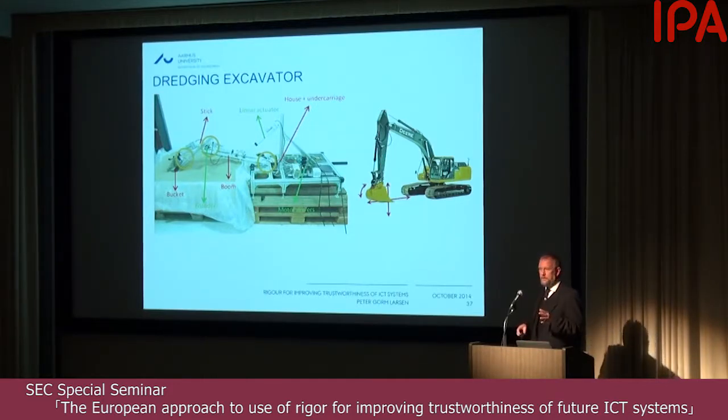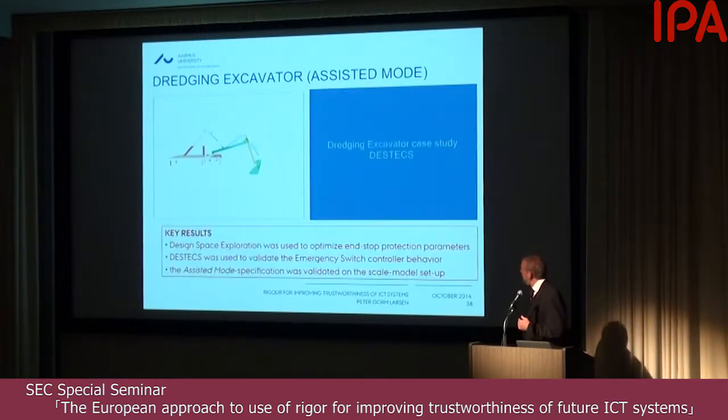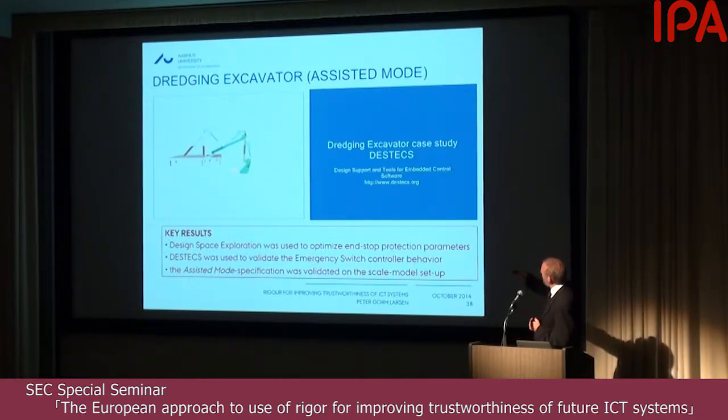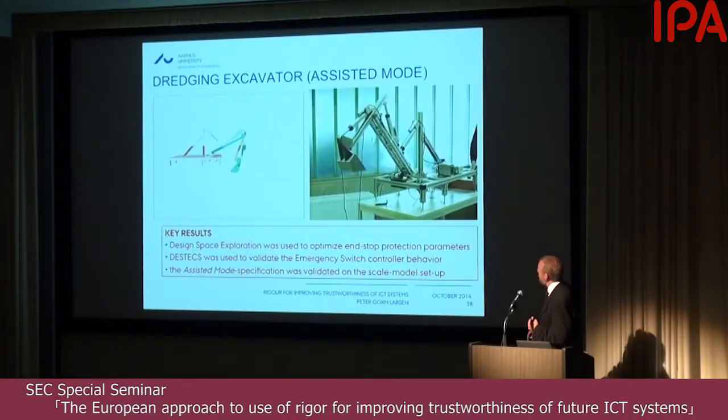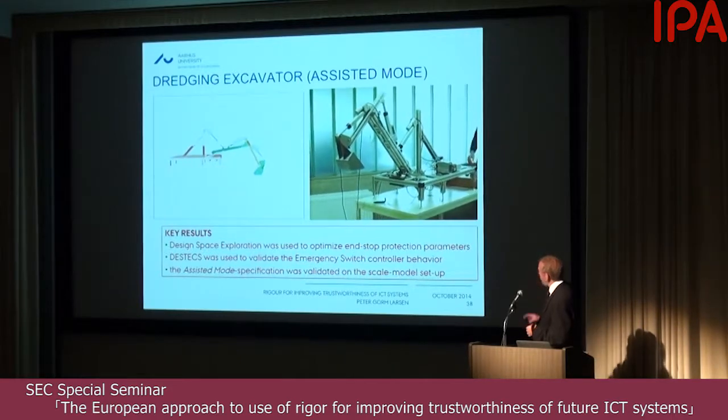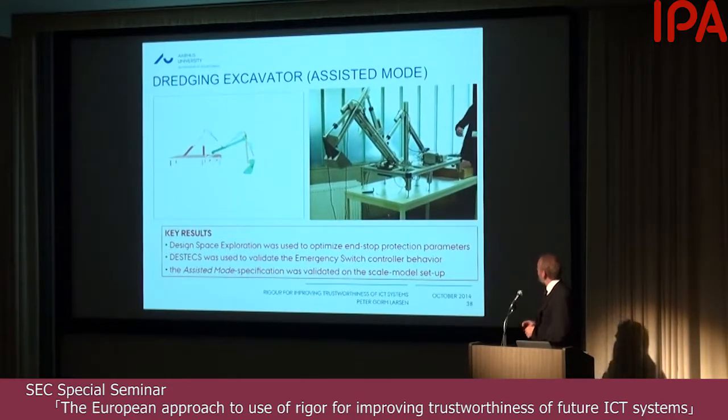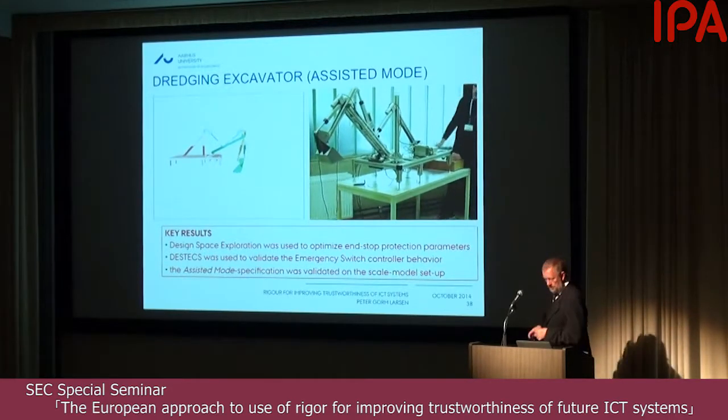When you try to operate something like this, if you are inexperienced, you may destroy the material. So the end stops of these things can actually break. Here we see both an animation coming out of it, and here you'll see a use of the prototype.